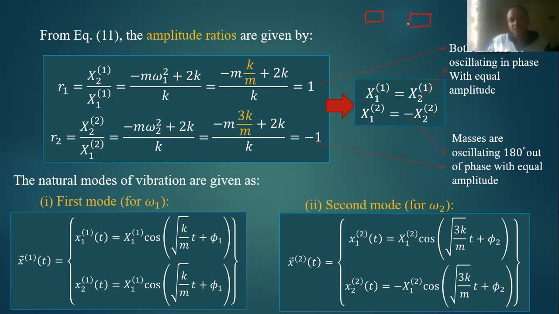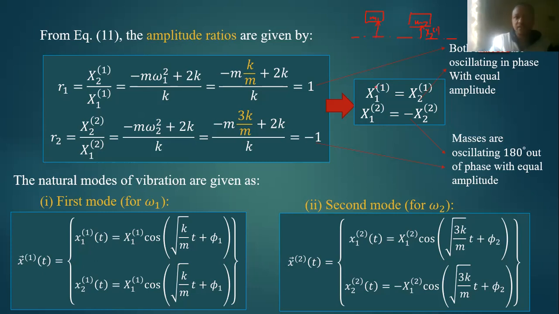For example, if I consider this as an equilibrium position, and these are mass 1 and mass 2, as this moves some x1(1) amplitude, then this also moves the same, x2(1), which is equal to x1(1).